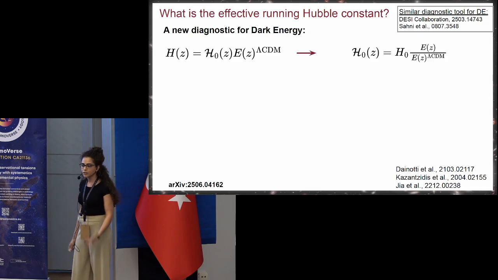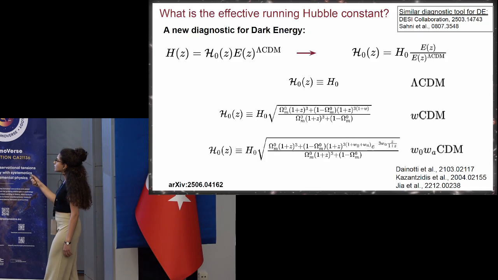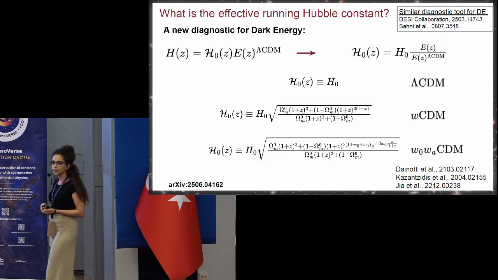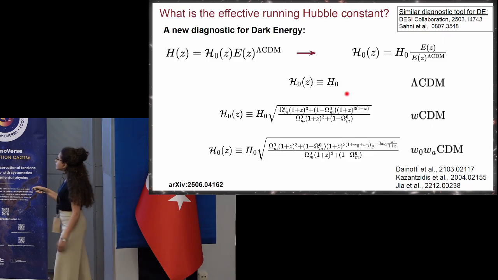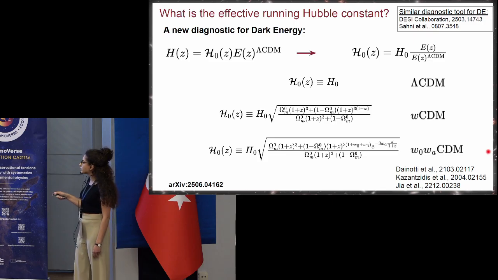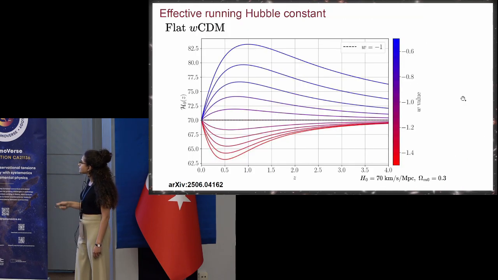This function is able to discriminate between different models that differ from the Lambda CDM. If we consider some examples, the most naive is the Lambda CDM, where this function is exactly equal to H0. If we consider a dark energy with a constant W, we get this function. And for a CPL parameterization, we have this more complex function.